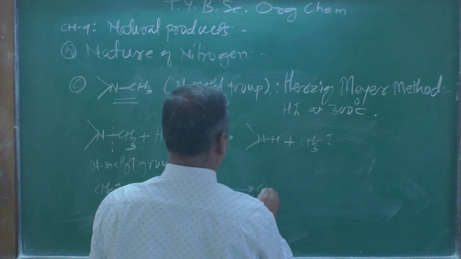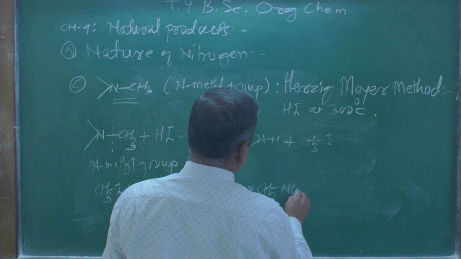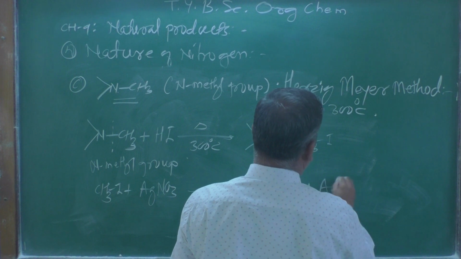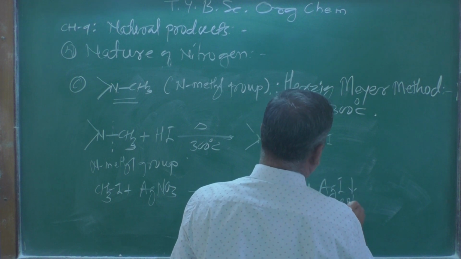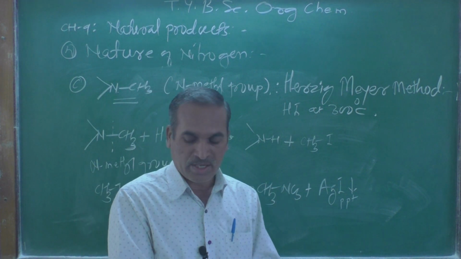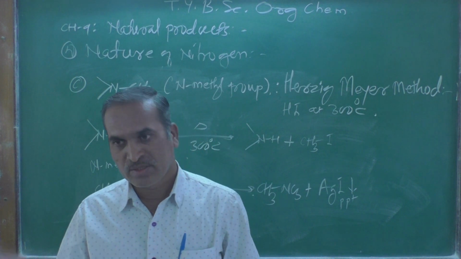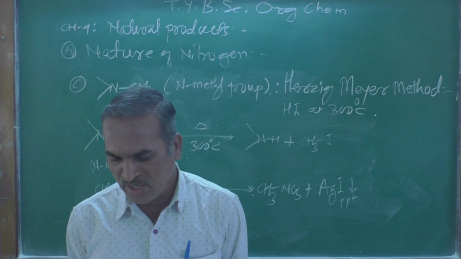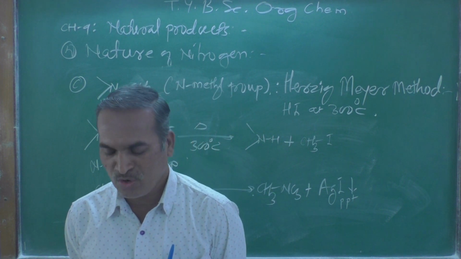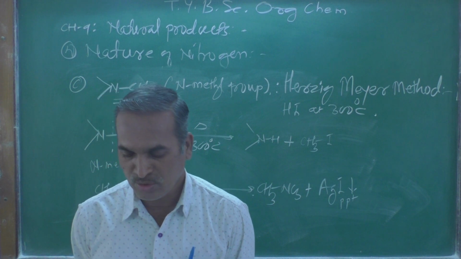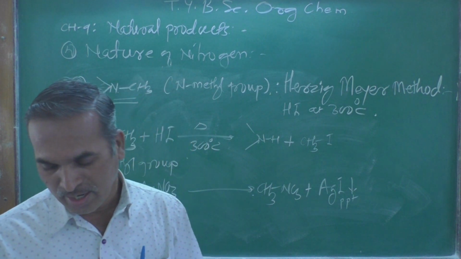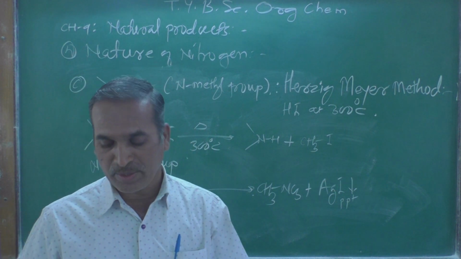The reaction gives methyl nitrate, as well as silver iodide, the precipitate. That precipitate is dried, weighed, and from the weight of AgI, the number of N-methyl groups can be found out. We already learned that in the previous lecture.